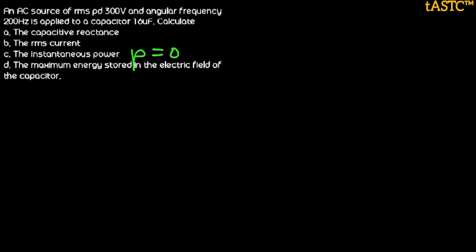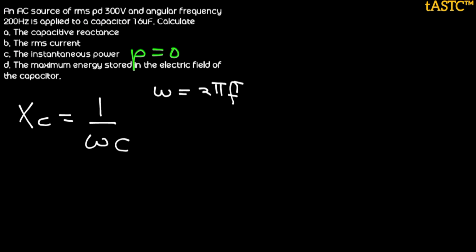Now let us go on to find out what is going to be the capacitive reactance. Capacitive reactance, written as X sub C, is 1 divided by omega C. Now what is omega? That is equal to 2 pi f, where f stands for the frequency. In this case, the frequency was given to us as 200 Hz.